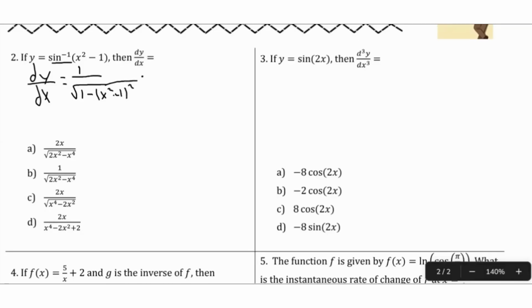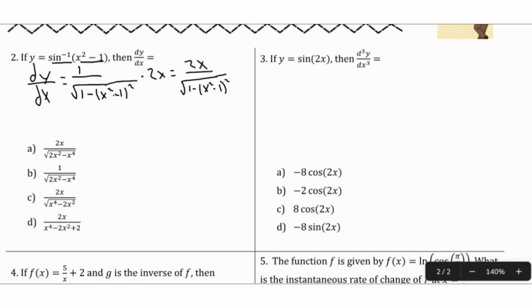But then we also have to multiply by the derivative of the inner function. The derivative of x squared minus 1 is just 2x. So this becomes 2x divided by the square root of 1 minus (x squared minus 1) squared.